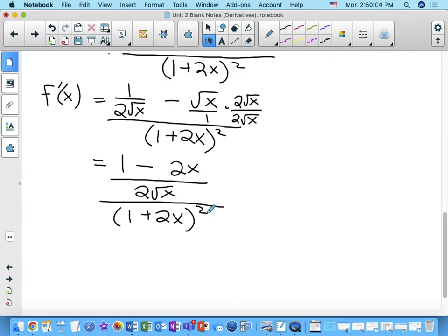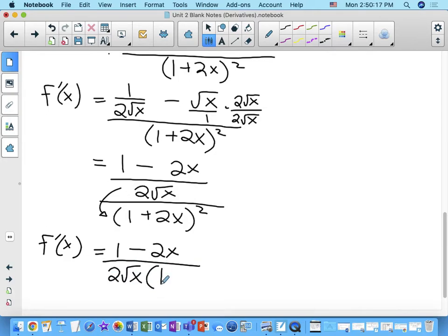Okay, and then I can bring this down. And so my final answer is f prime of x equals 1 minus 2x over 2 root x times 1 plus 2x squared.